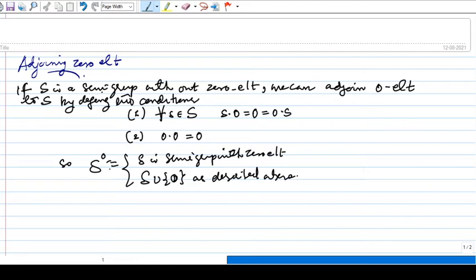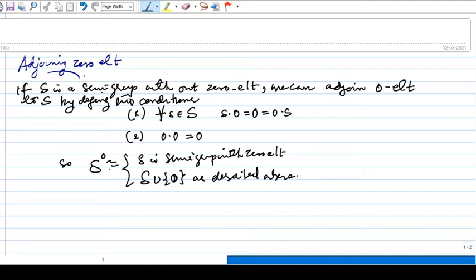So the next thing we have to see is, if a semigroup does not contain a zero element or identity element, we could actually adjoin a zero element and an identity element. But the whole theory of semigroups cannot be reduced to semigroups containing a zero element and an identity element. We will see why.